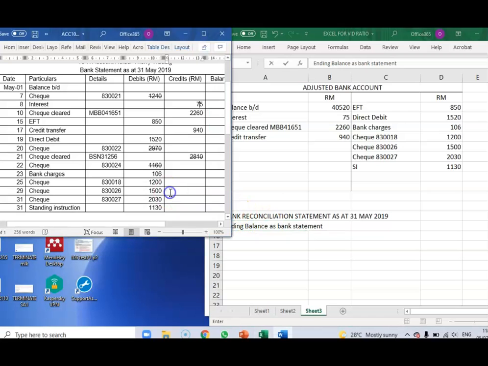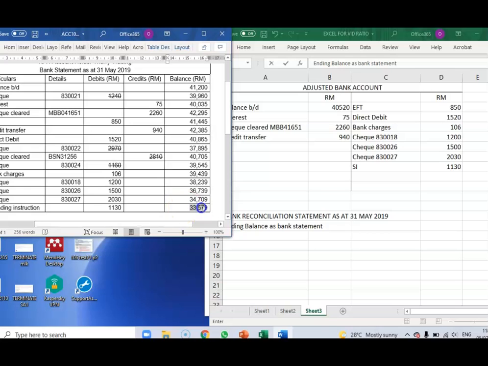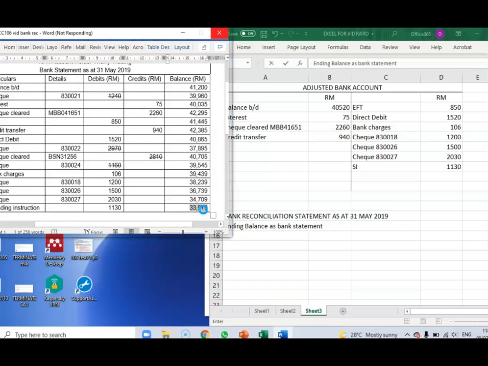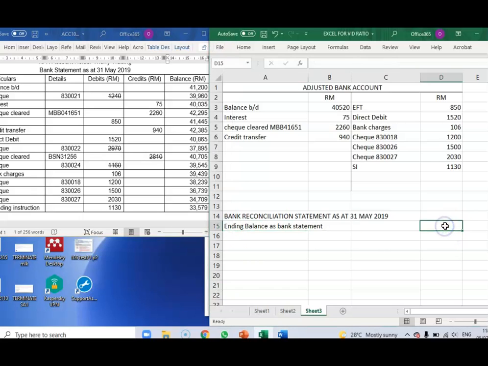So the ending balance of the bank statement, you can see at the end of it, the last number in the column of balance in your bank statement is 33579. So put here, in any column, it is up to you, the amount of the ending balance, 33579.